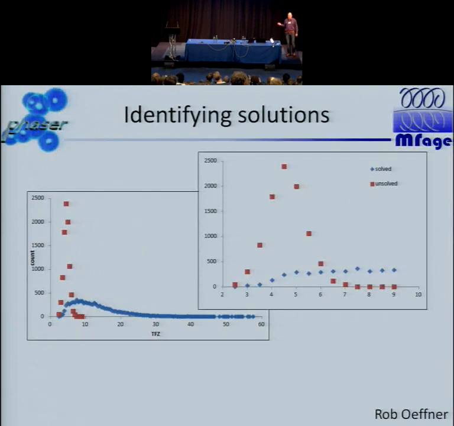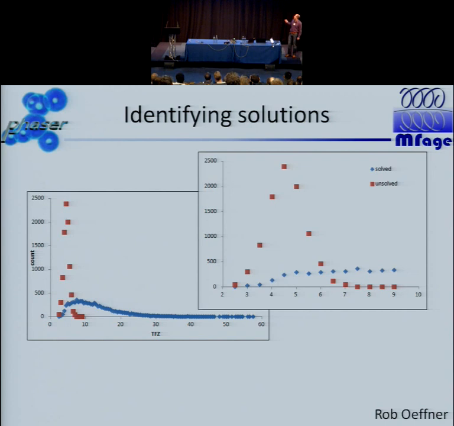So Randy and Airlie have both shown this table, which was a rule of thumb telling you, for a given TFZ score, what chances you have of a solution being correct. And Robert Oeffner, who is doing the lunchtime bites, has actually put this on a scientific footing because he did something like 30,000 calculations and then made a histogram out of the Z-scores of the solutions for two important cases.